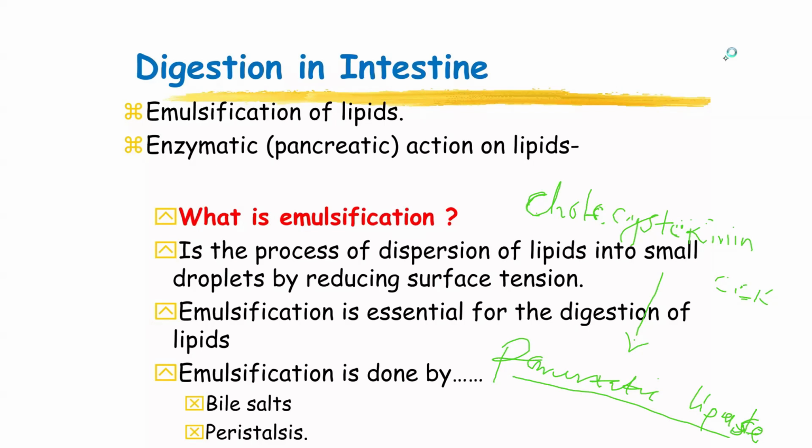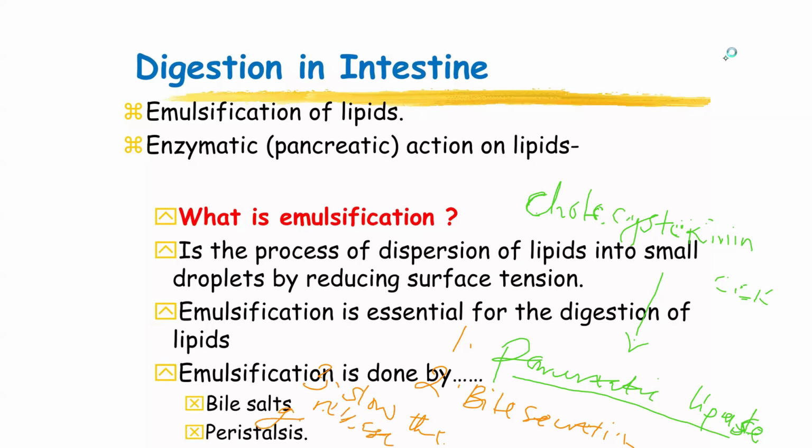Another major function of cholecystokinin is its involvement in bile secretion. And it also helps in slowing the release of gastric content.